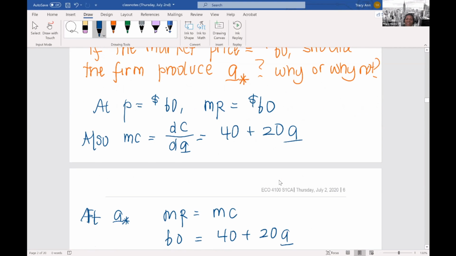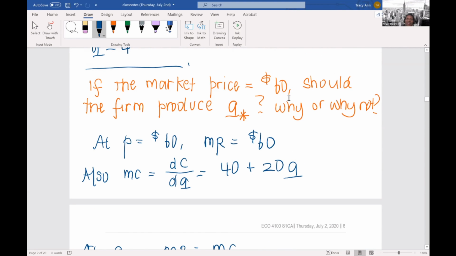Okay, sorry for the little change. Let's make the market price $70. Actually, let's make it $80. I will go with the suggestion that is being made. I'm changing it, for when you're reviewing, because I don't want Q equal to 0.